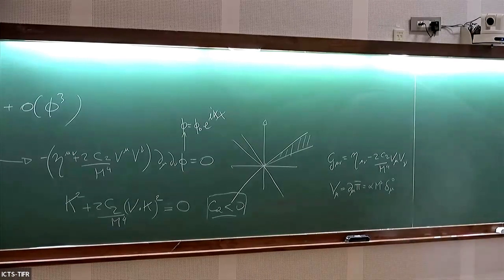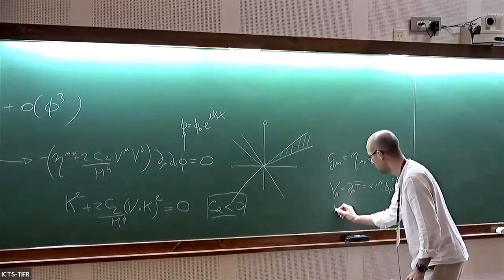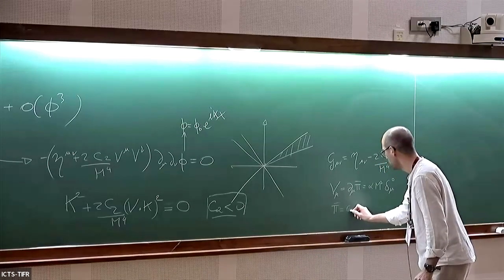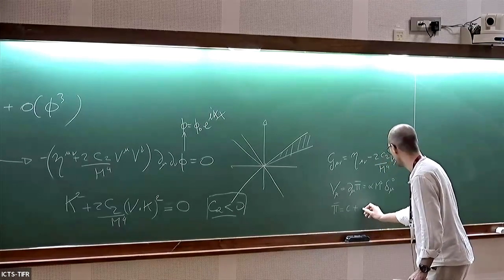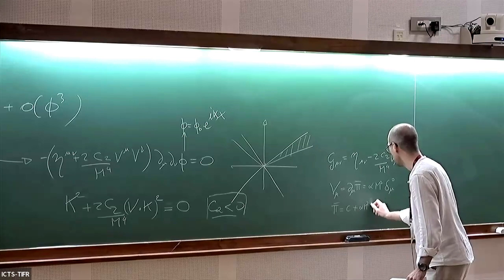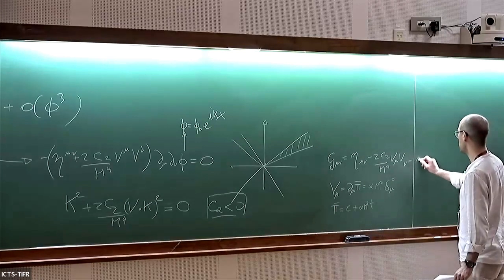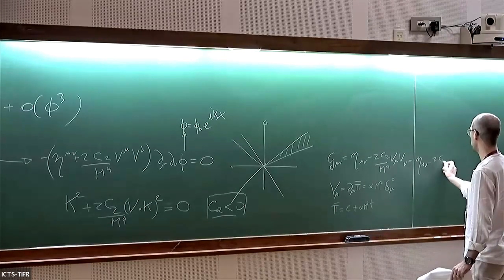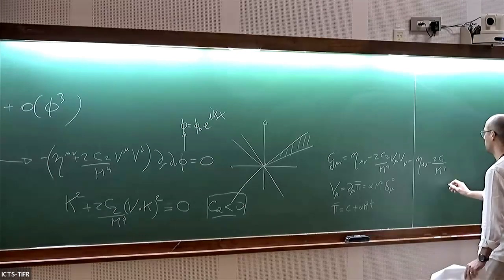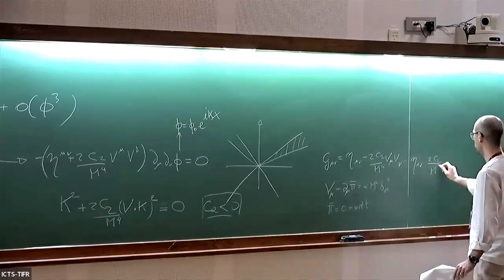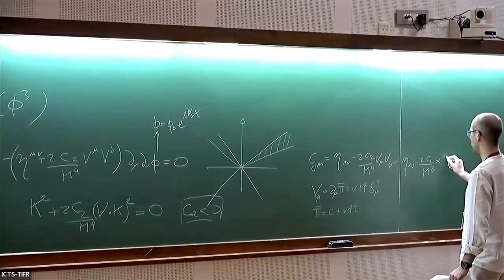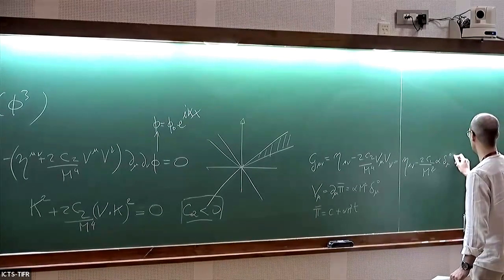So pi is basically pi bar, some constant times alpha m squared times t. So in this case, this metric is just minus 2 C2 over m to the fourth alpha squared delta mu 0 delta nu 0.